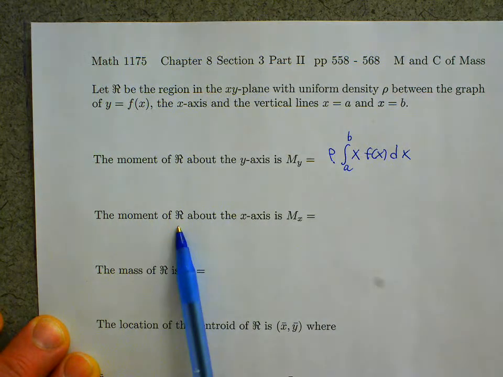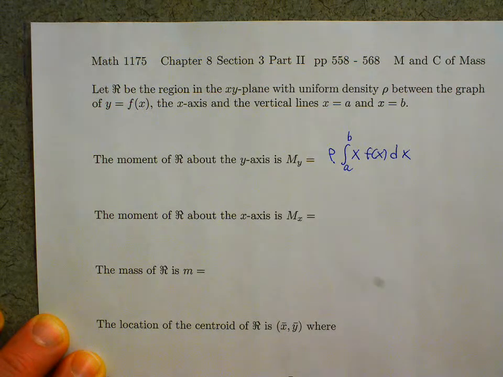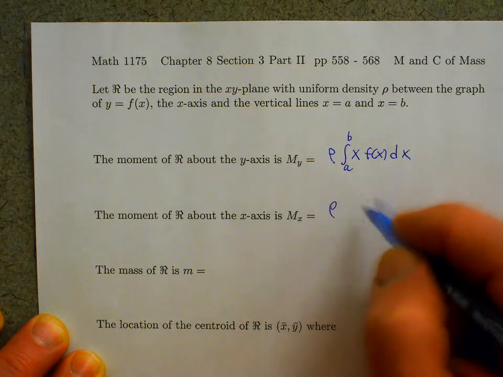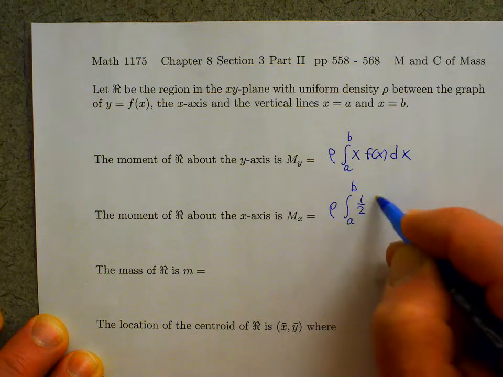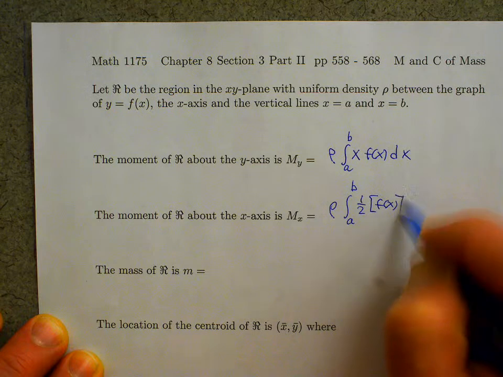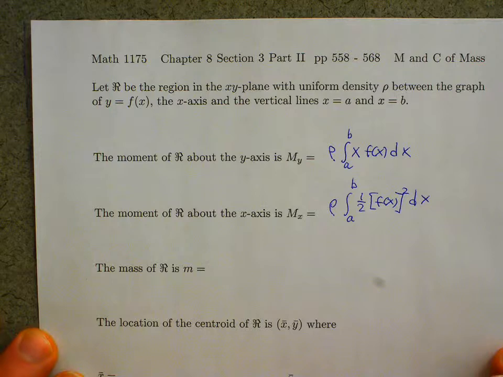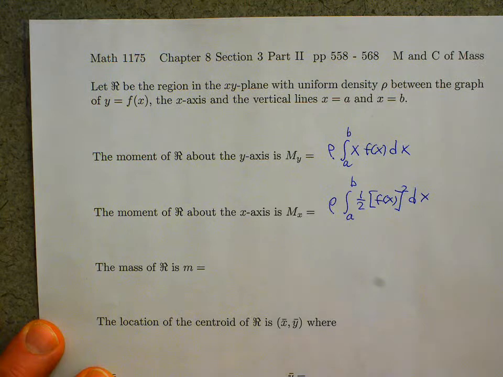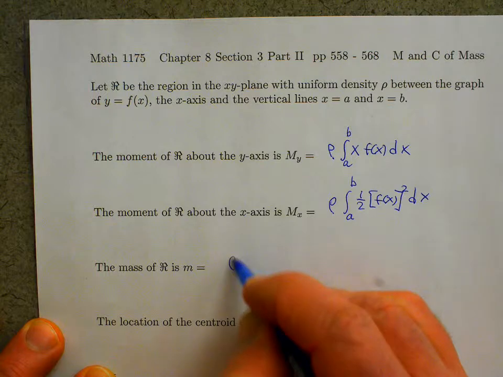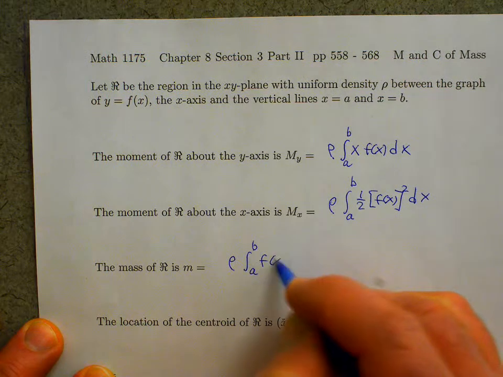The moment of the region R about the x-axis is capital M sub x. This is rho times the definite integral from a to b of 1/2 times f of x squared dx. And the mass of the region R is rho times the area of the region R. So this is rho times the definite integral from a to b of f of x dx.